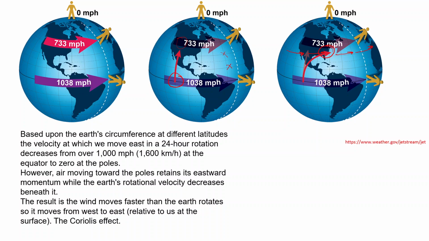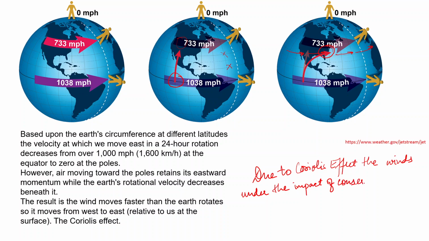So we just saw that due to the Coriolis effect, the winds under the impact of conservation of angular momentum have the direction of west to east.